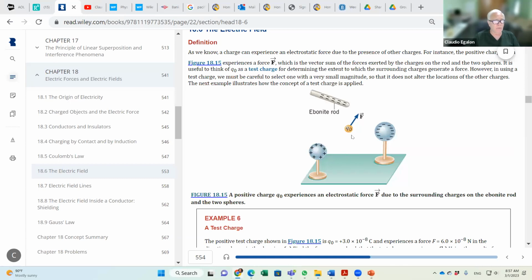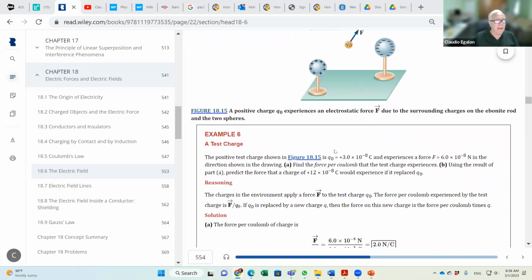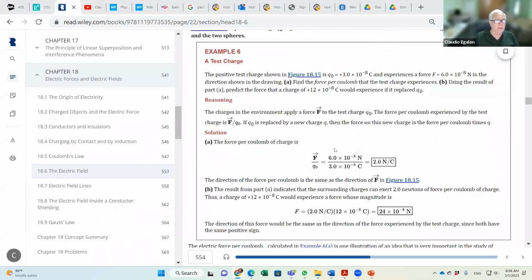But if you remove this electric charge, just like I mentioned in the course, right? Something else is left behind. You don't have a force, but something else is left behind. And this something else is called an electric field. And it is the ability of a charged object to exert a force on another charge.